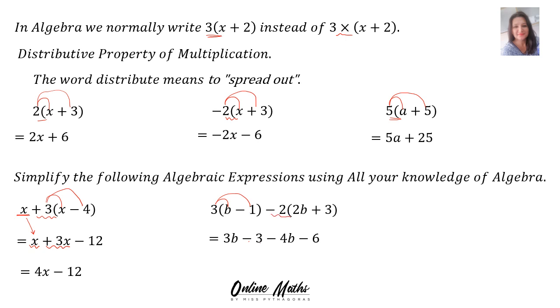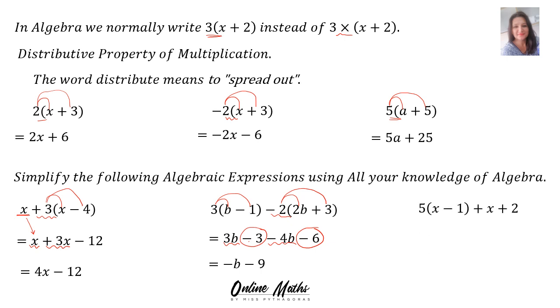So minus 2 times 2b is negative 4b, and negative 2 times 3 is negative 6. And now we can add like terms. 3b minus 4b is minus b, and then the constants. Minus 3 minus 6 is minus 9.